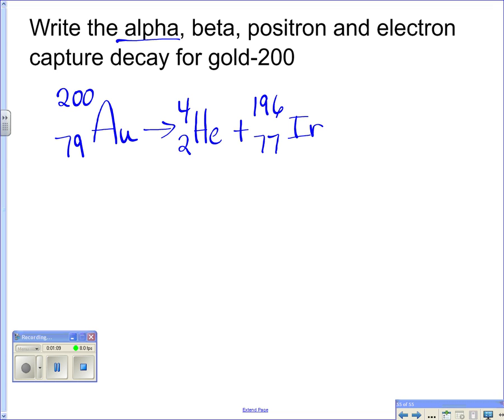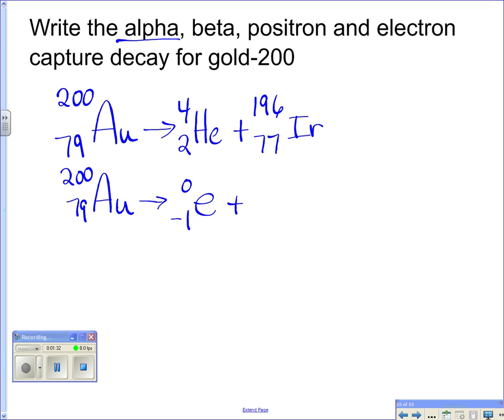So we're going to do the same thing again, just starting with gold again. So gold 200, 79. But this time I want to go through beta decay. The particle I know for a beta is an e 0 negative 1. What happens there is a neutron actually becomes a proton by emitting a beta particle. And so I do the math.